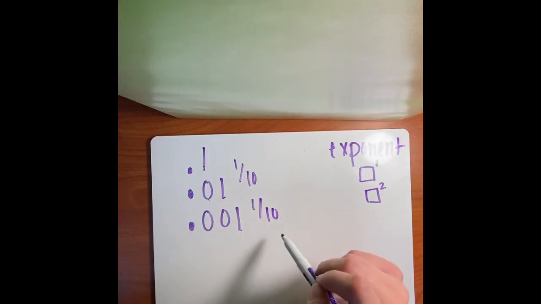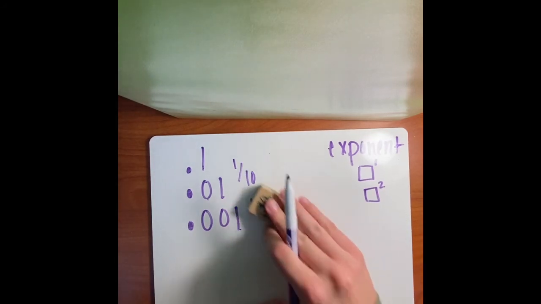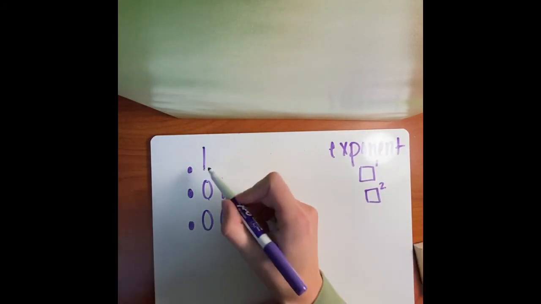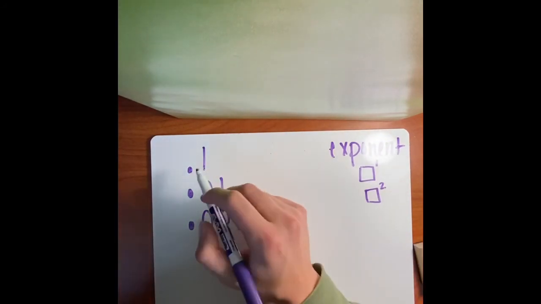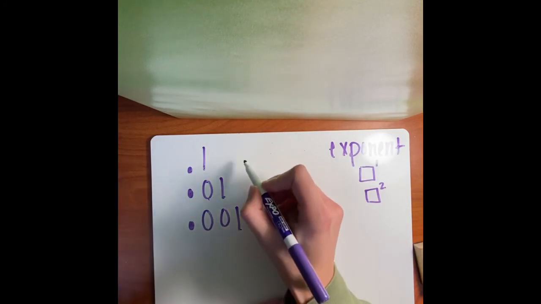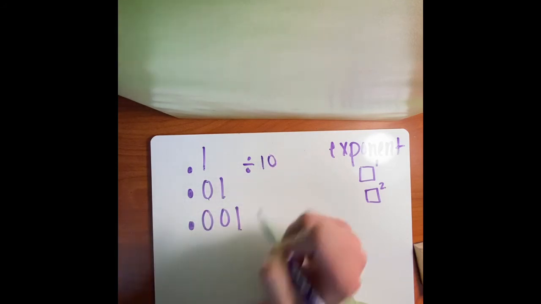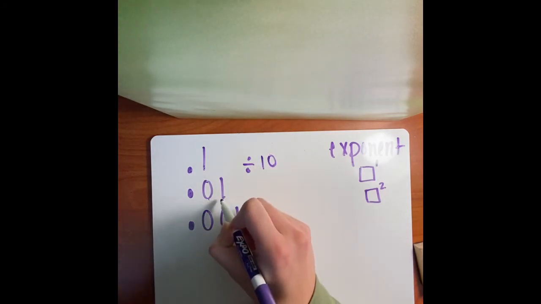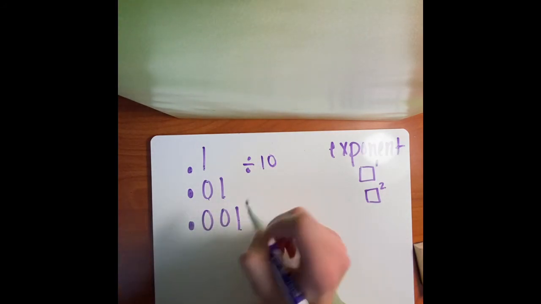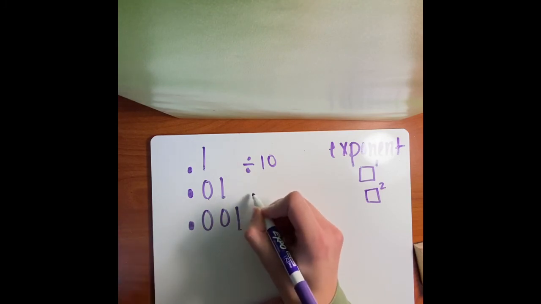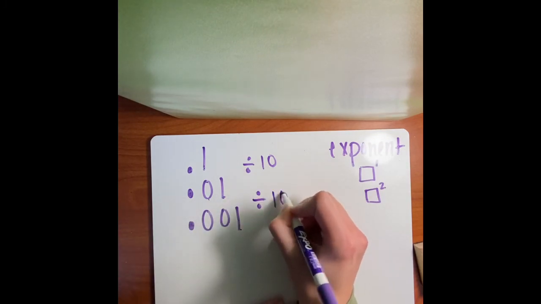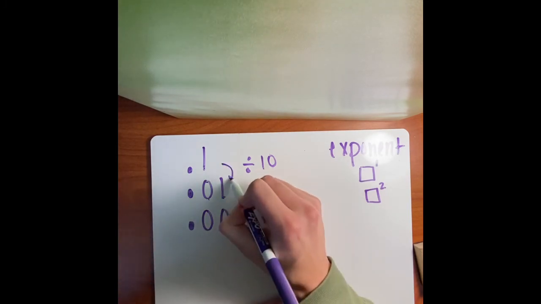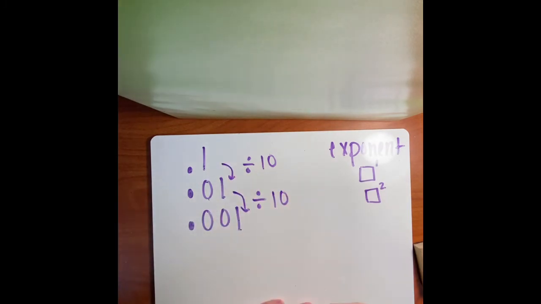So this could also be written as 1/10 divided by 10. And then we could write, to get to this one, we could say 1/100th divided by 10. So from here to here, from here to here.